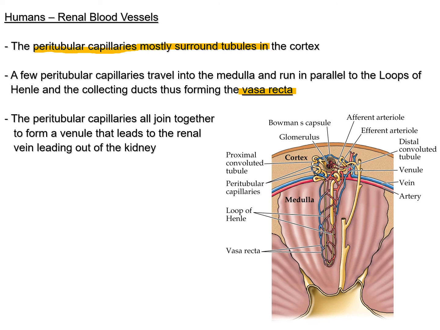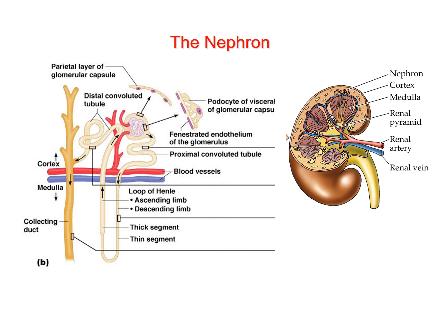When we look at the nephron, each nephron has two capillary beds. One is the glomerulus, and the other one is the peritubular capillaries. And here you see another diagram showing the glomerulus, fed by an afferent arteriole right there.